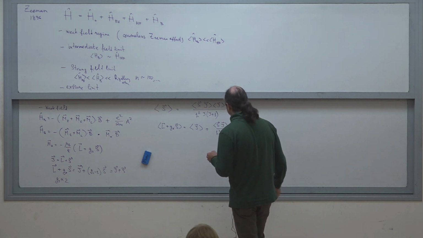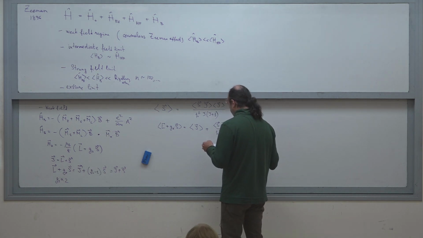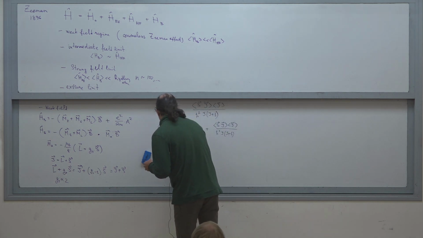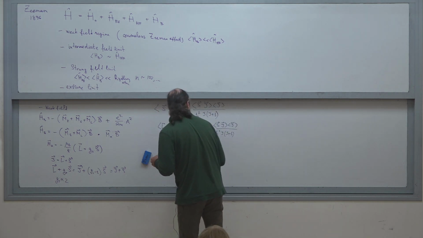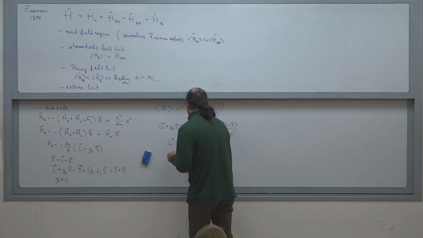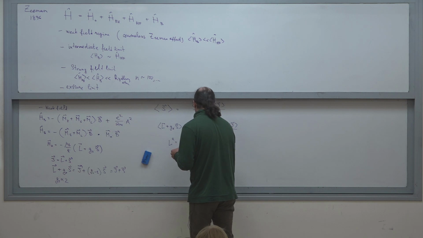Okay, now what we do is a known trick, right? We take the L squared and say that L squared is equal to J squared plus S squared minus 2J multiplied by S, right?